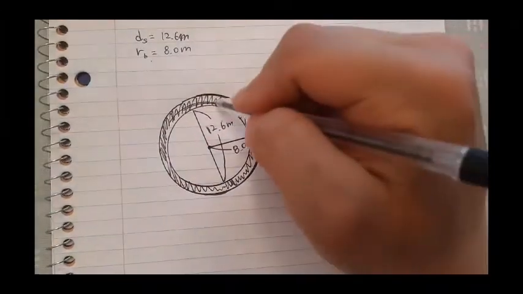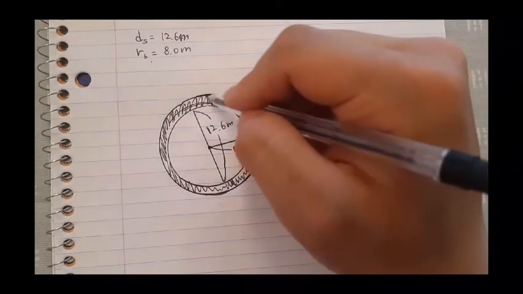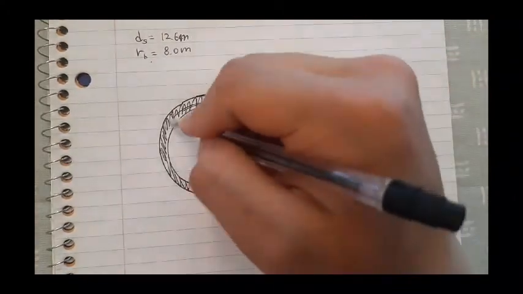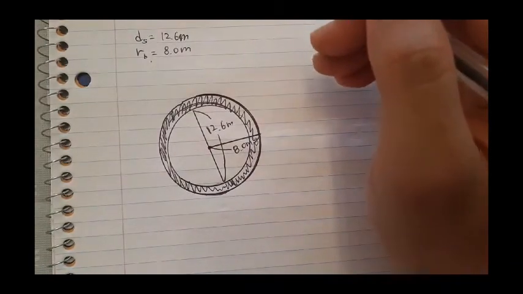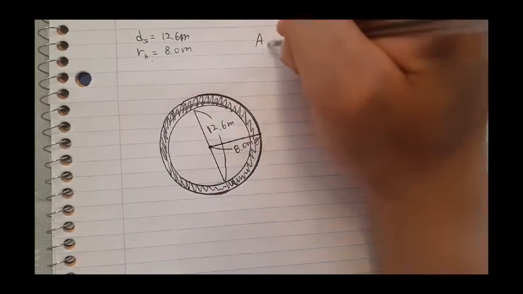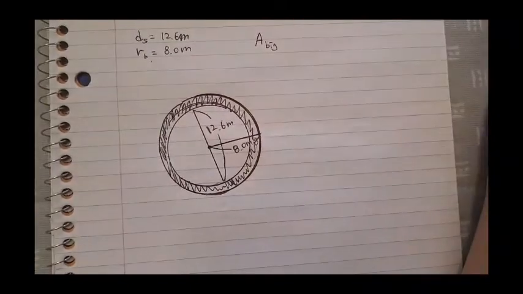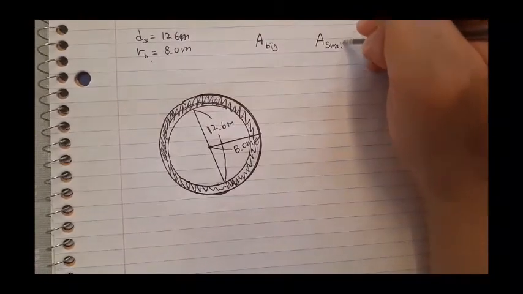Now let's think about it. In order to find this shaded area, how can I find just this outer area that is shaded? Here's the thing. It is very case by case when it comes to complex area. But as you may know, I can find the bigger circle area and I can find the small circle area.